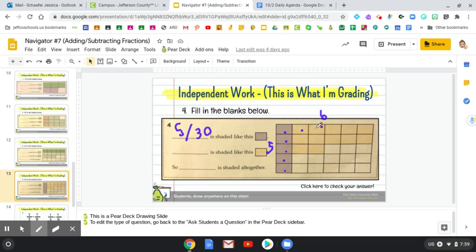In yellow, 1, 2, 3, 4, 5, 6, 7, 8, 9, 10, 11, 12. 12 30ths in yellow. I'm going to take those shaded parts and add them together to see how much I have all together total. 12 and 5 would make 17. So these are 17 30ths all together shaded in.